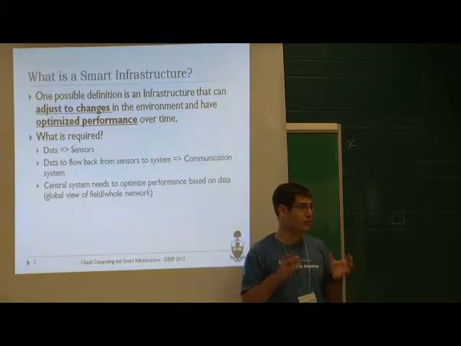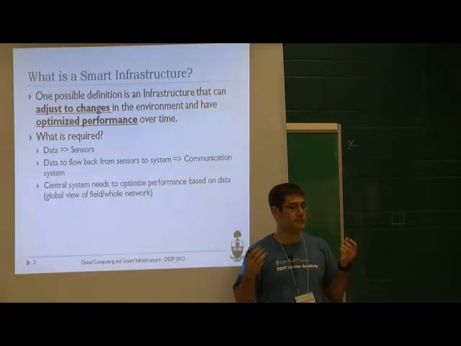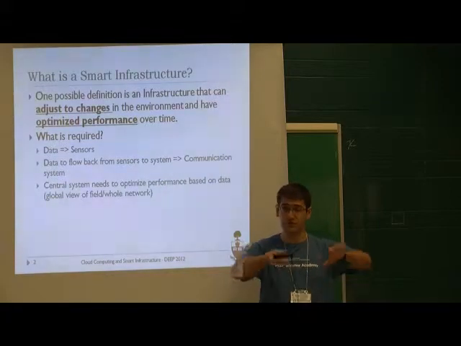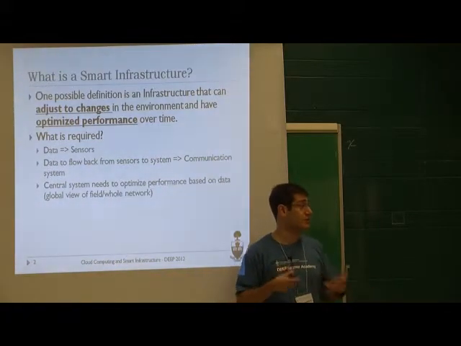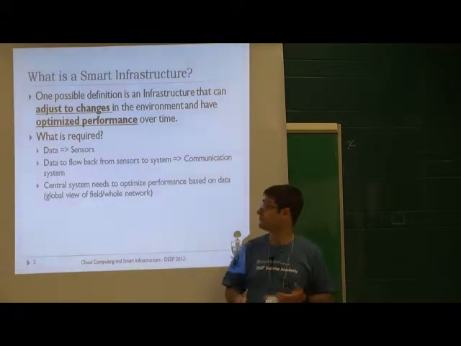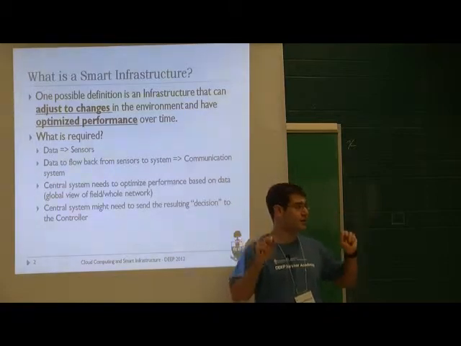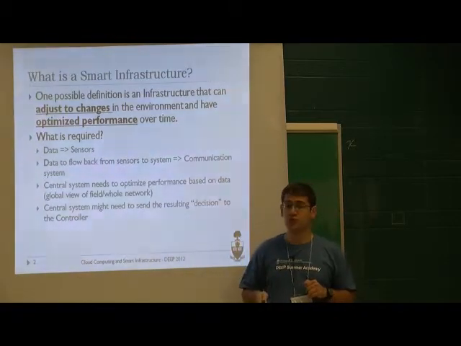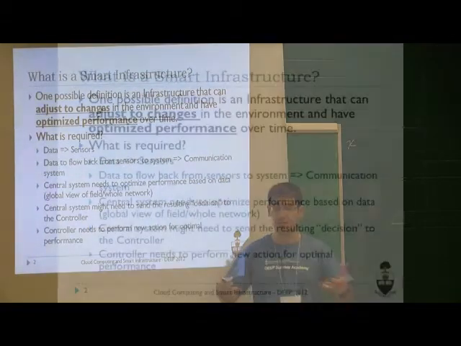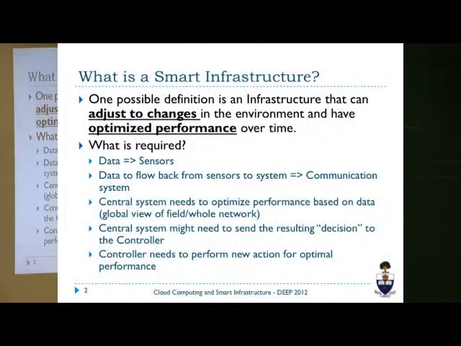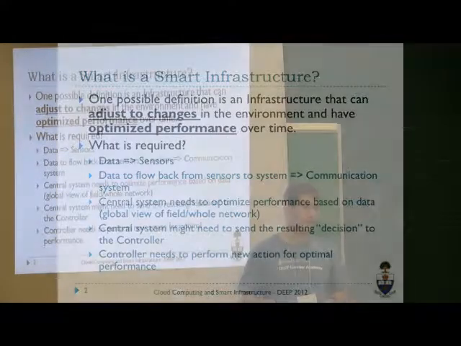It has to be knowledgeable enough in terms of your overall network in order to make an optimized decision, right? And you need to be able to send back the optimized decision to a controller that can change things in the actual environment, and the controller needs to perform this action.